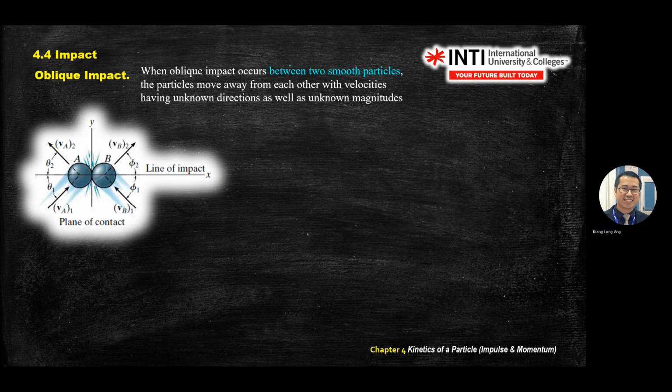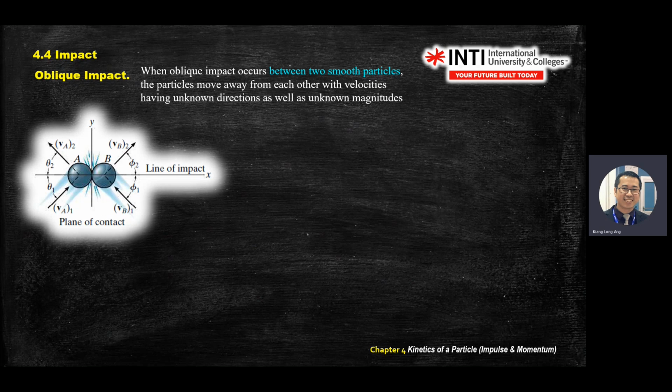Okay, this is the strategy when you solve an oblique impact question. You see an oblique impact question, you look at the axis, it gives you x and y, split into x and y, focus on x, do your calculation, focus on y, do your calculation.